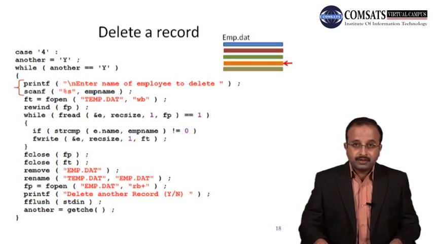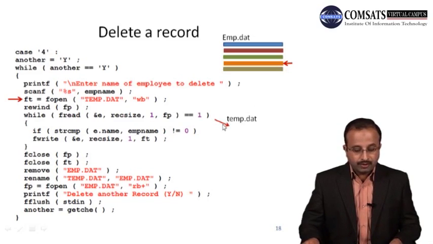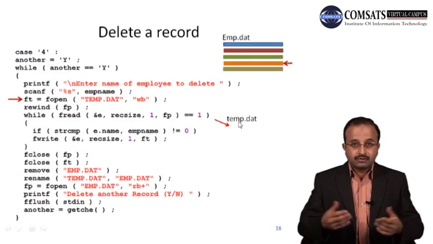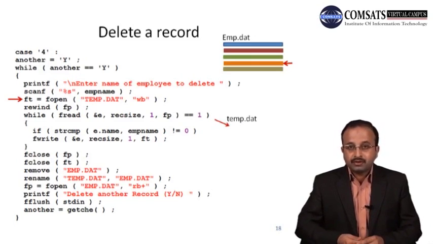Now the first step is to create a temporary file. So create a temporary file, and the file pointer points to the beginning of that file. File pointer कौन सा है? यहाँ पर हमारे पास ft file pointer है, that is different from this file pointer. ये जो m.dat का file pointer है, that is fp, that is different, and temp.dat का जो file pointer है, that is ft, that is also different. तो दोनों का different होना ज़रूरी है, because एक pointer m.dat को point कर रहा है और दूसरा pointer temp.dat को point कर रहा है.